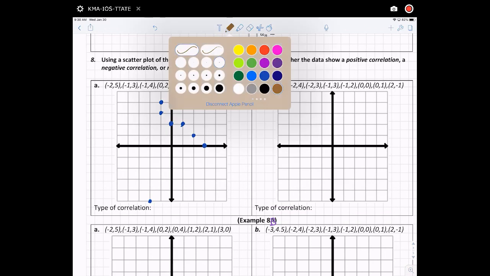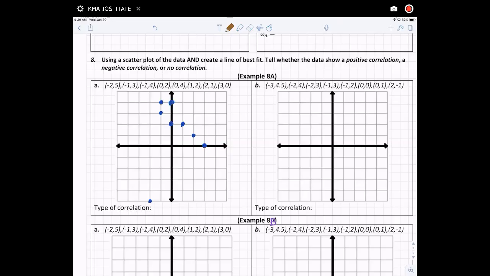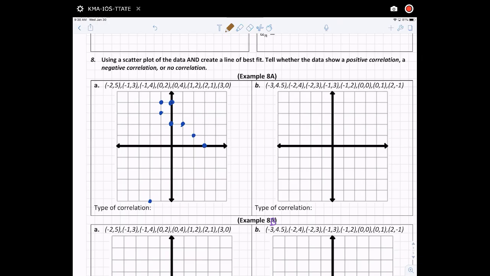Let's quickly graph the one for B. Negative 3, 4.5. Negative 2, 4. Negative 2, 3.